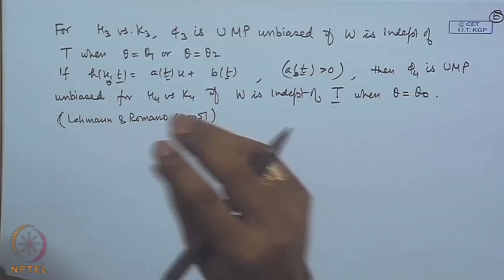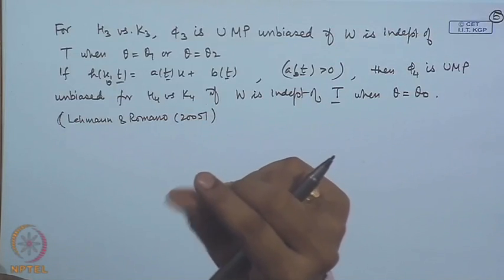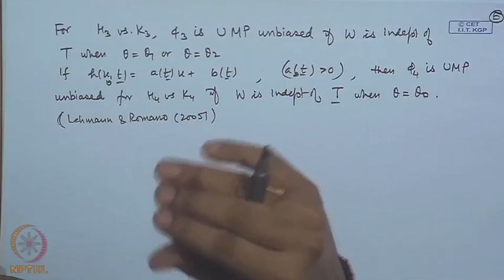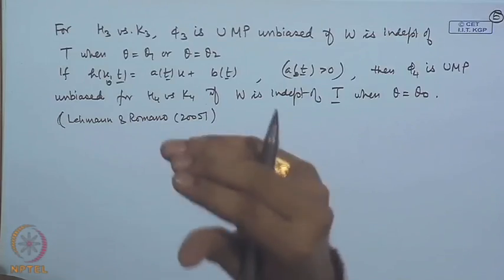Now, in order to have the independence of w and t, we will usually require certain results which we can use for independence. Now, one of the important results for proving independence, now remember here either u or t, they are sufficient. In fact, if I look at this in the full version, then u and t is complete and sufficient.